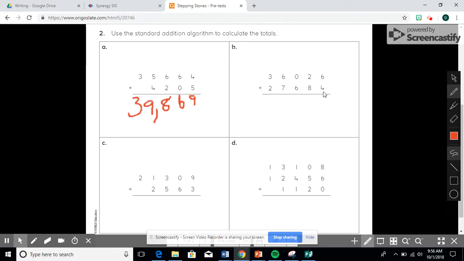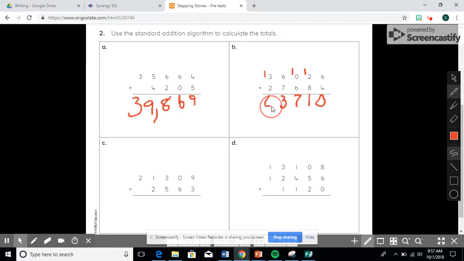I'm going to do B with you because this one is going to require us to make some tens and carry them over. So 6 plus 4 is 10. So I leave my 0, I carry my 1 to the next place value. 8 plus 2 is 10, plus 1 is 11, so I leave my 1 and carry my 1. 6 plus 0 is 6, plus 1 is 7. 6 plus 7 is 13, so I leave my 3, carry my 1. 3 plus 2 is 5.